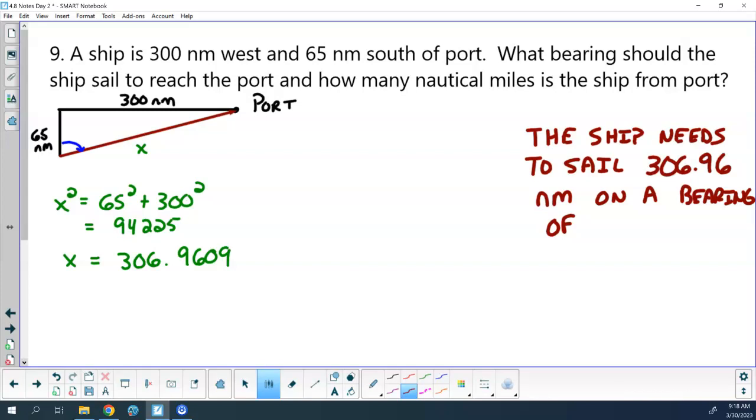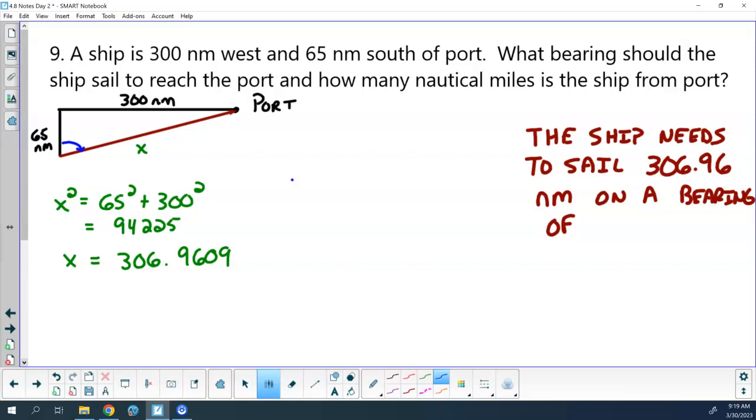Okay. How am I going to find the angle? I'm going to find the blue angle. Inverse tangent? Really, I could use any of them, right? But the smart play is tangent, because those are non-rounded sides. Okay?